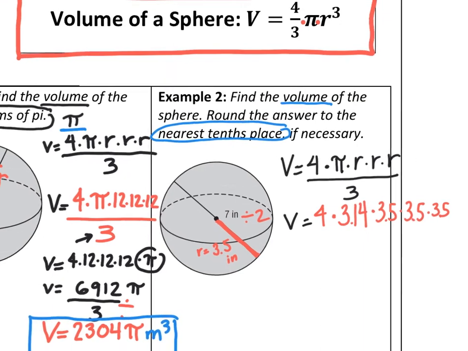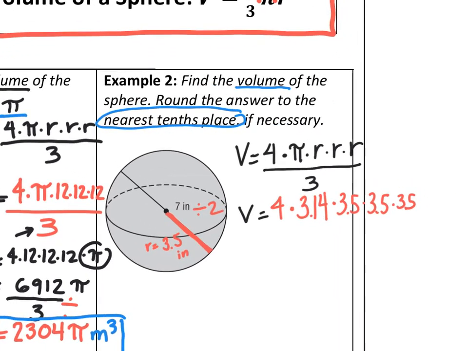Now, you notice I have a lot of dots going on. If you don't like to write multiplication that way, you can also do it with parentheses, since we have multiplication signs and decimals going on. If you like that better, please feel free to do that. That's a decimal there. And then we can't forget, we're dividing by 3 at the end.